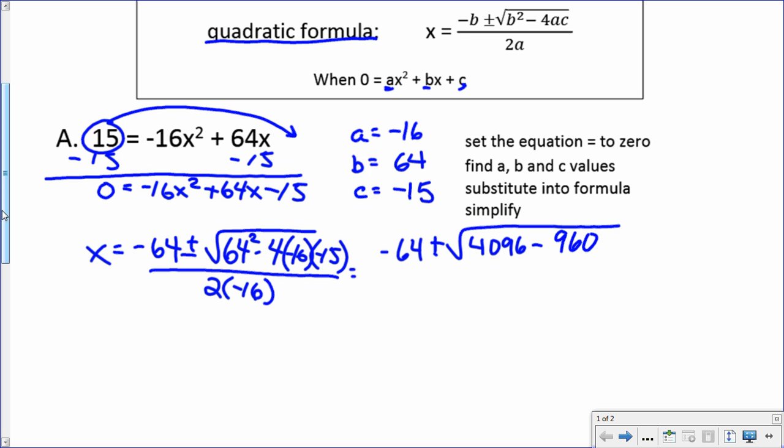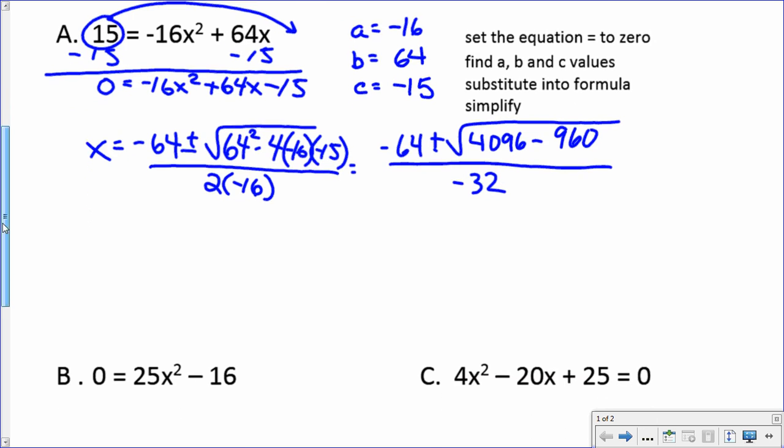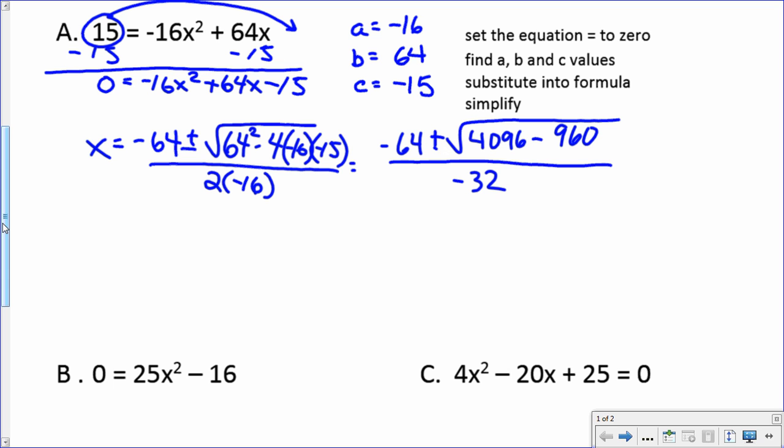Most of the time, they set these up to work out nicely, but other times we may have to round. And then over here, we have negative 32. So 4,096 minus 960 is 3,136.